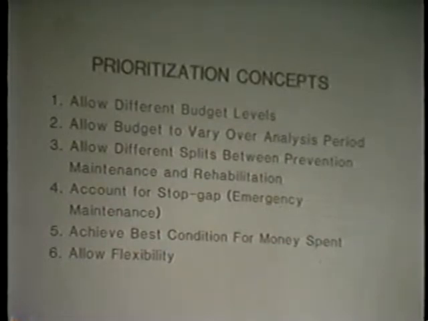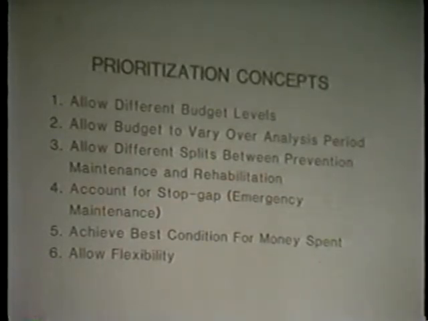We allow the user to analyze the impacts of different percentages being applied to preventive maintenance versus rehabilitation. We look at and account for stopgap maintenance, emergency maintenance. When we have pavements that need rehabilitation and they're not funded, we can't just totally ignore them because they develop potholes and so on. We have to spend some of our money on that.